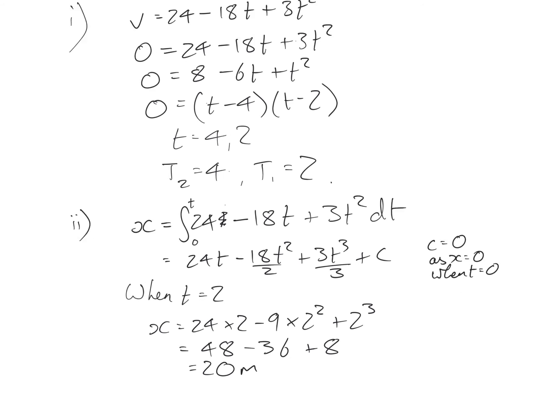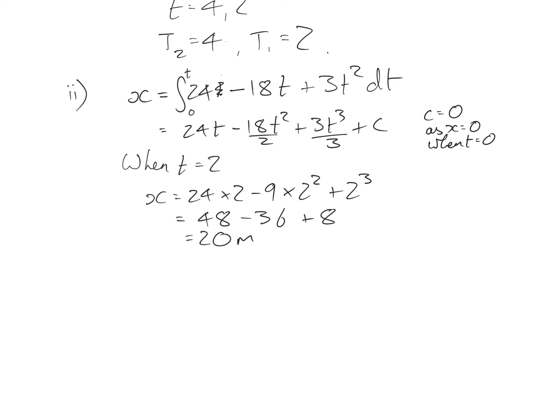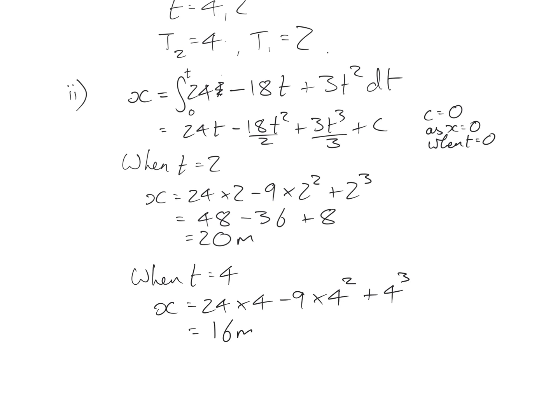And when t equals 4, x equals 24 times 4 minus 9 times 4 squared plus 4 cubed. I need to get my calculator out for this one. 24 times 4 minus 9 times 16 plus 64 is 16 meters.